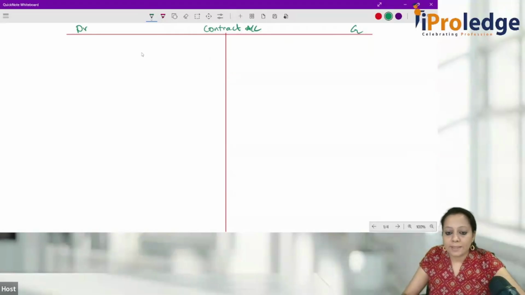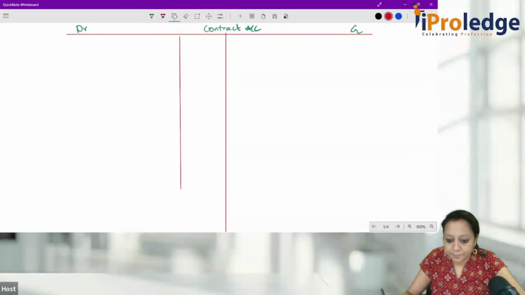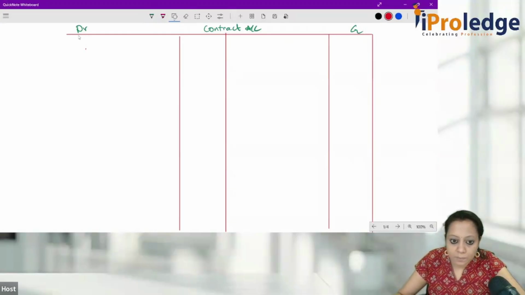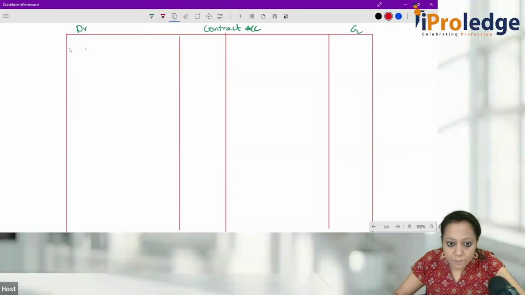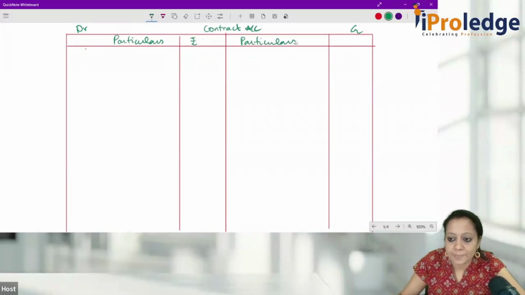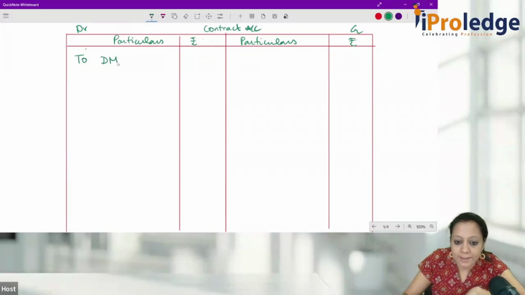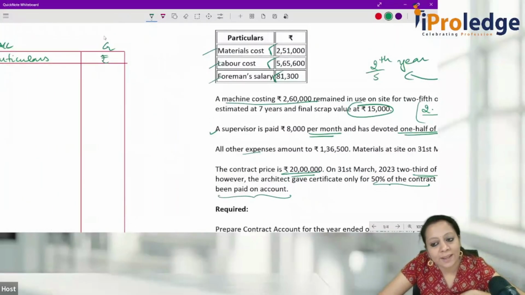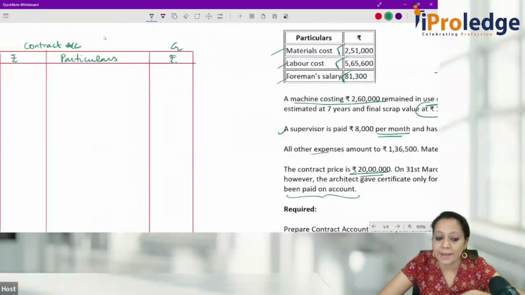Okay. So now we will start. Going ahead with what's given in the question, that is direct material 2,51,000, direct labor 5,65,600 and foreman's salary 81,300.